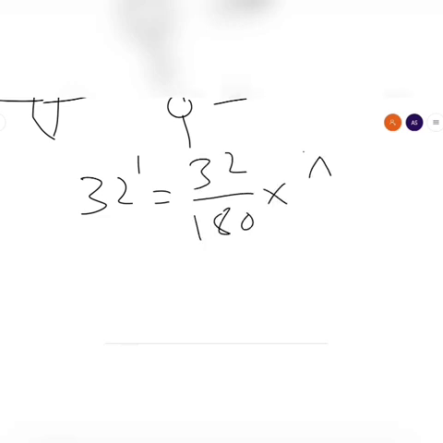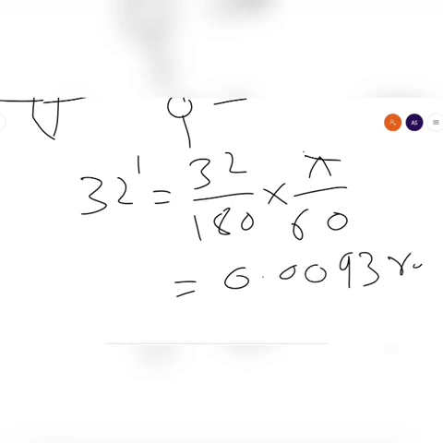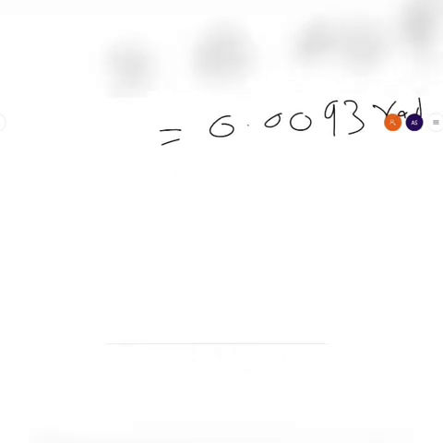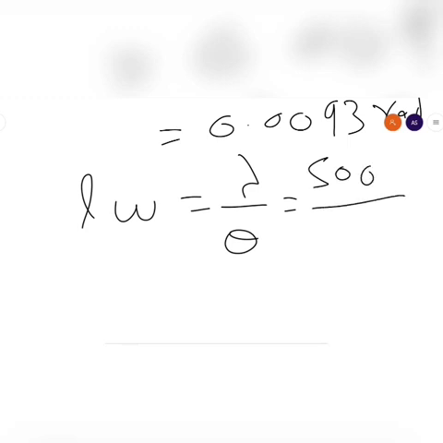So first you will convert the 32 minutes into radians. 32 minutes is 32 divided by 60 into 180... that is, 32 divided by 60 into pi upon 180. You will get the result 0.0093 radian. Now when you get the result in radians, you can calculate the lateral width, which is lambda upon theta. Here lambda is 500 nanometer divided by 0.0093.